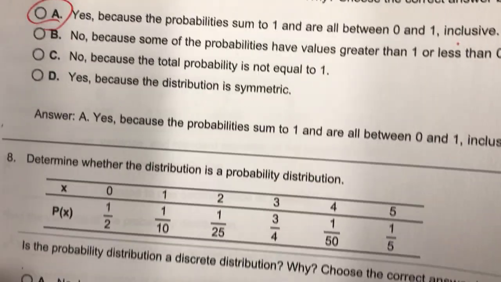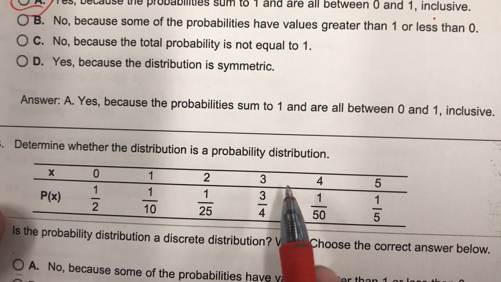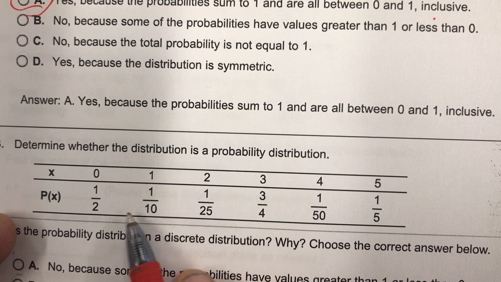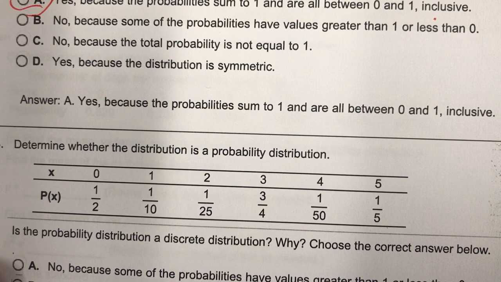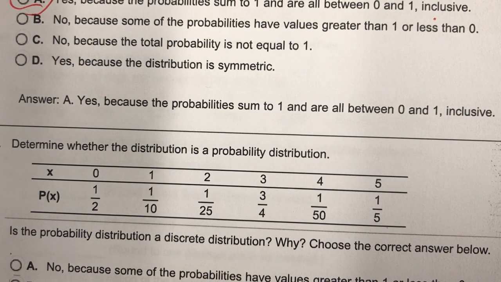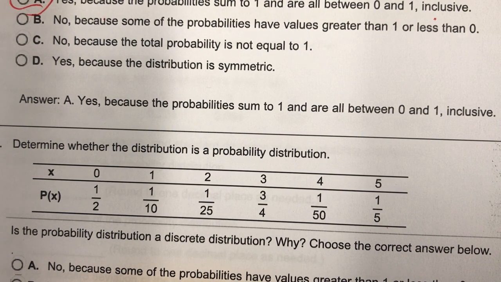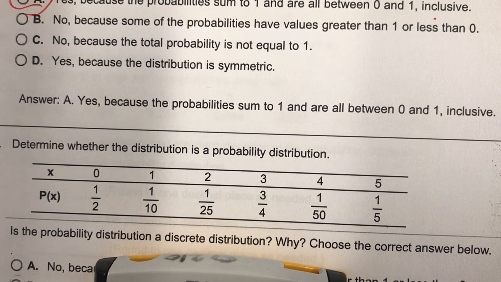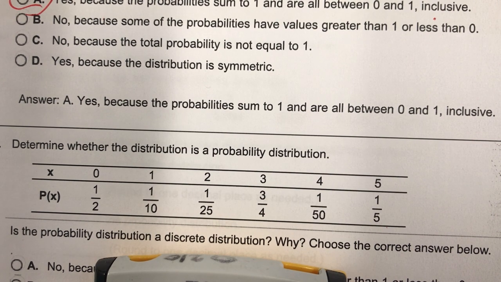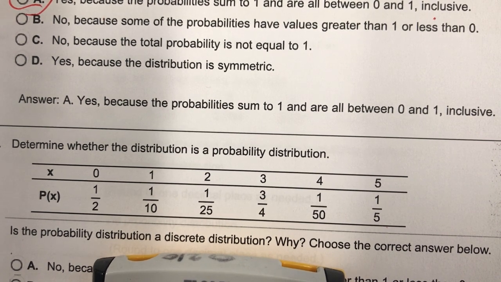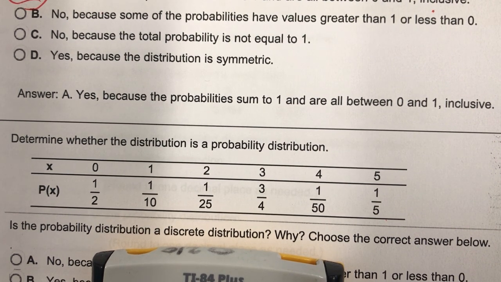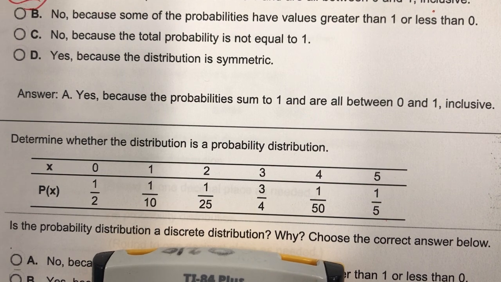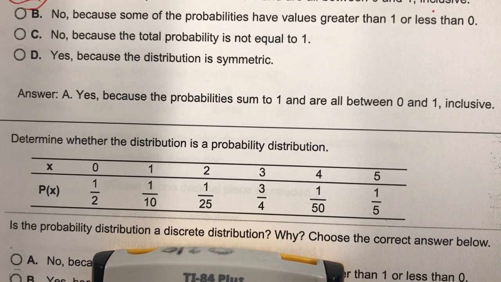All right, number 8. Determine whether this is a probability distribution. All right, so look and see if they're all between 0 and 1, and they are. Okay. Now let's add these up. I'll just use the calculator, I guess. So I'm going to type in 1/2 plus 1/10 plus 1/25 plus 3/4 plus 1/50 plus 1/5.